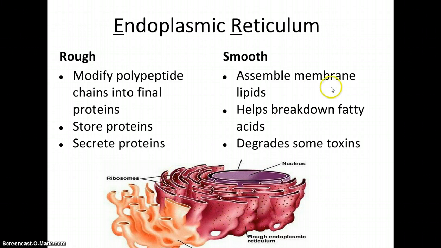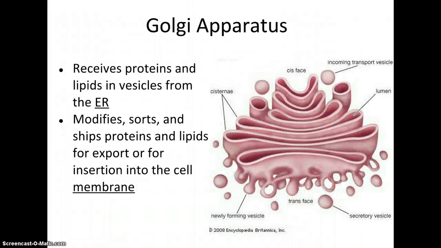The smooth deals with lipids and fatty acids, that's the same thing. So smooth is the lipid part of it, and rough is the proteins. So there's four macromolecules. Proteins is one, and lipids is another. And so the endoplasmic reticulum is responsible for those two things.